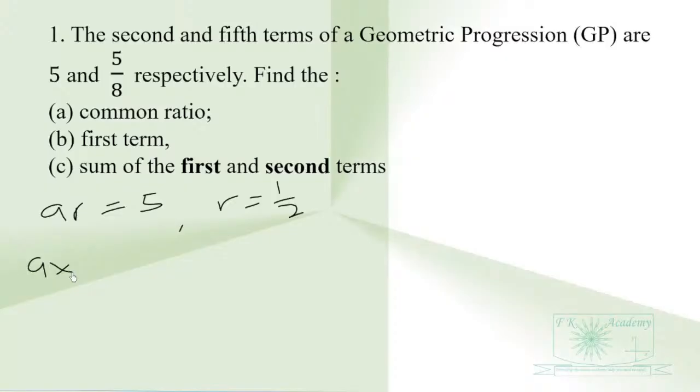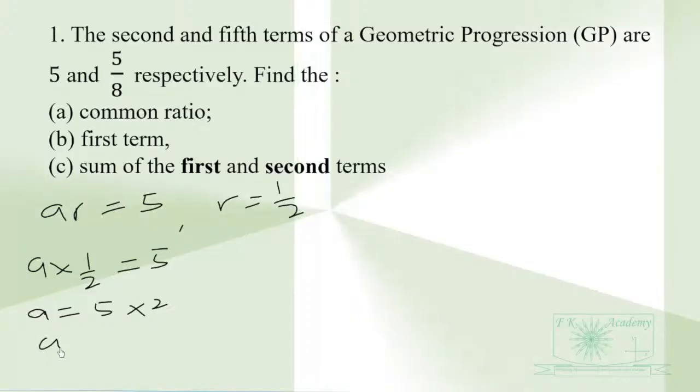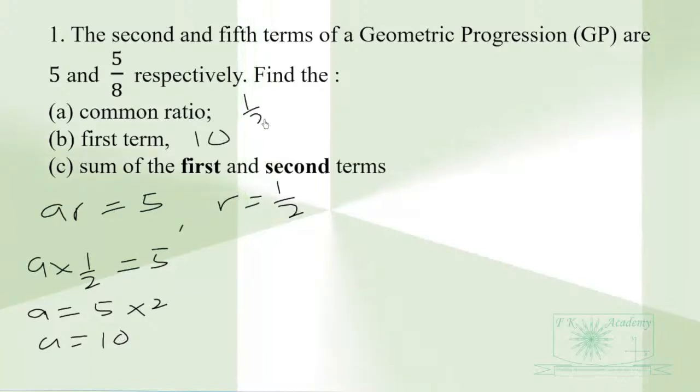So A times 1/2 is equal to 5. So we times both sides by 2. A will be equal to 5 times 2. That will give us 10. So the first term is 10.